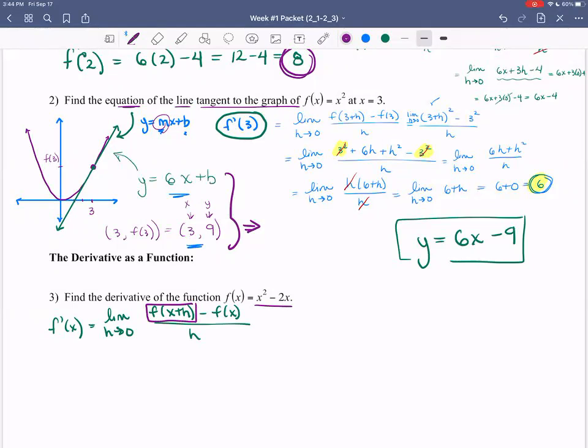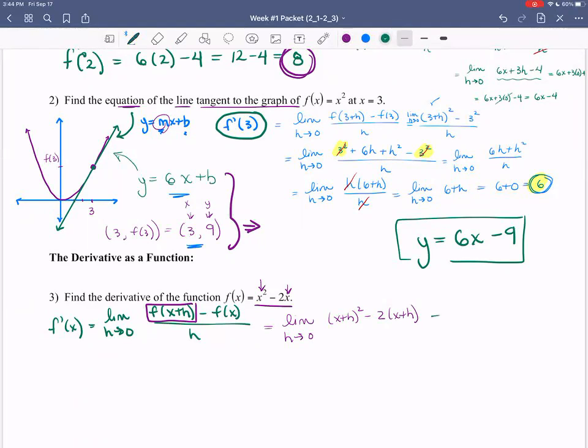What we want to do first is compute each of these terms. So this is going to be equal to the limit as h goes to 0 of f of x plus h. I need to plug in x plus h to each of the x's in my f of x. So I have x plus h squared minus 2 times x plus h.